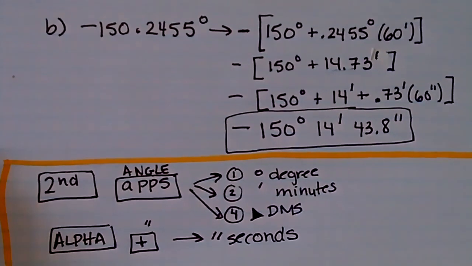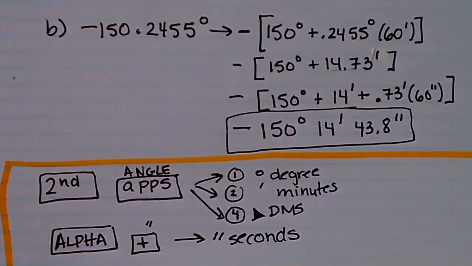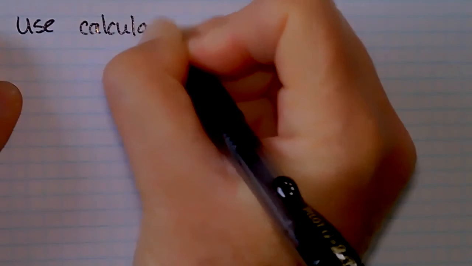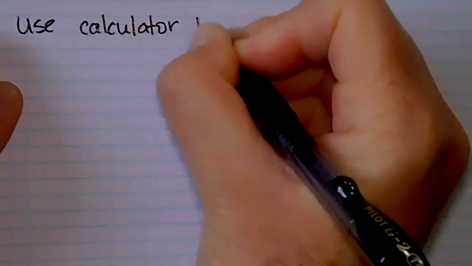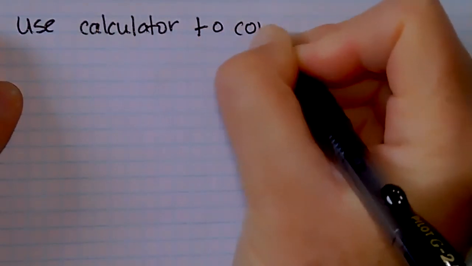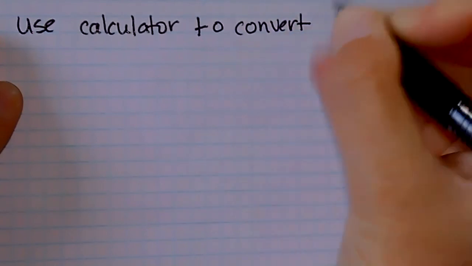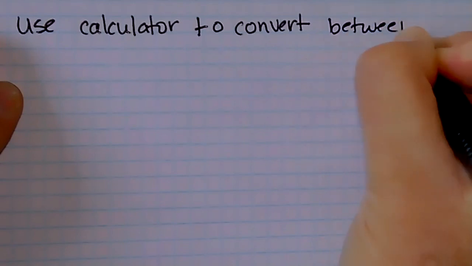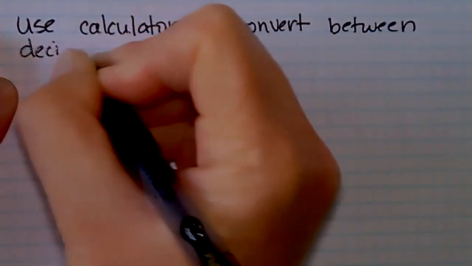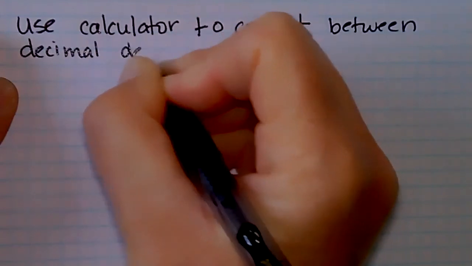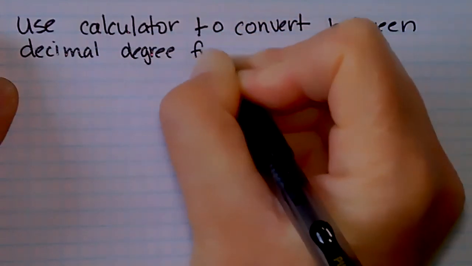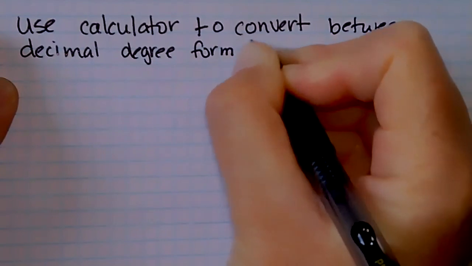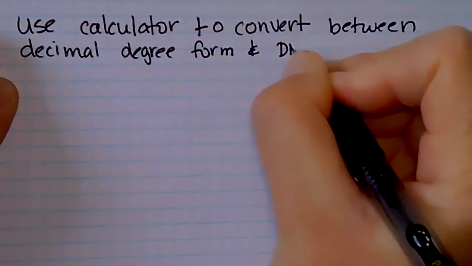Okay. So let me just show that as an example. Use calculator to convert between decimal degree form and degree, minutes, seconds.